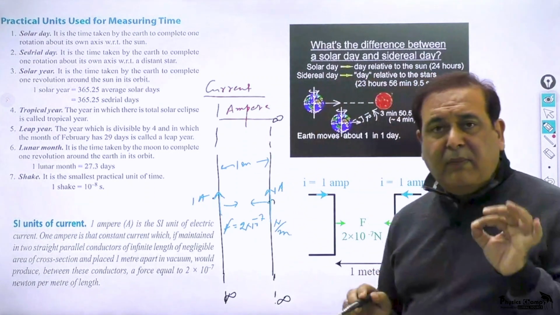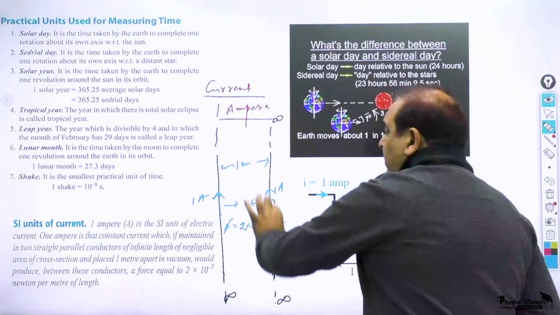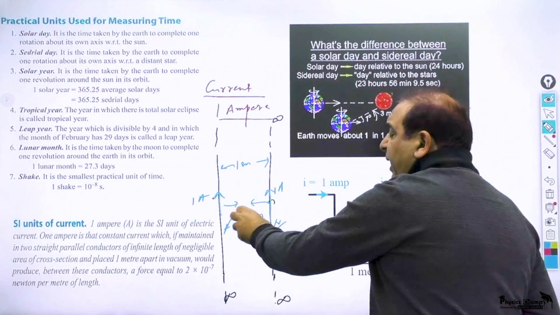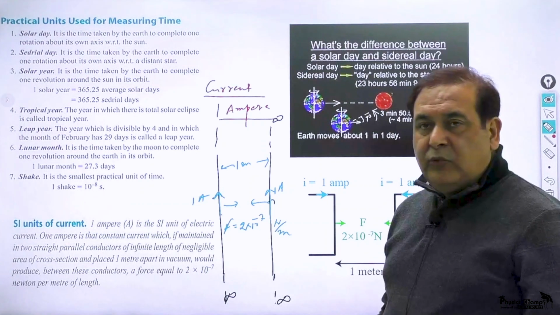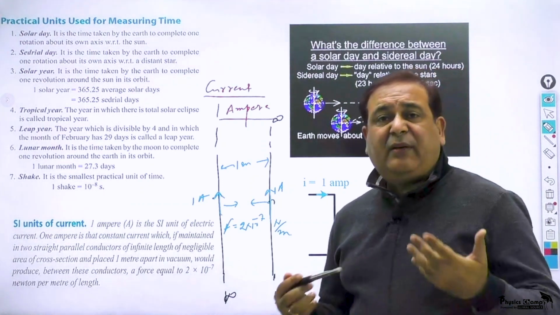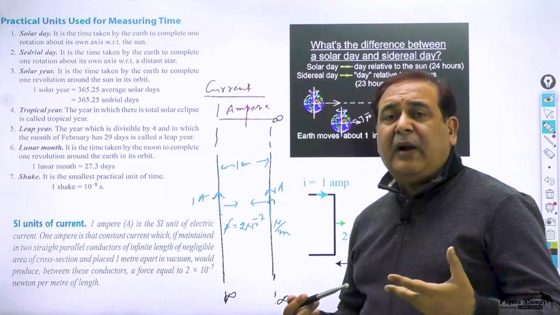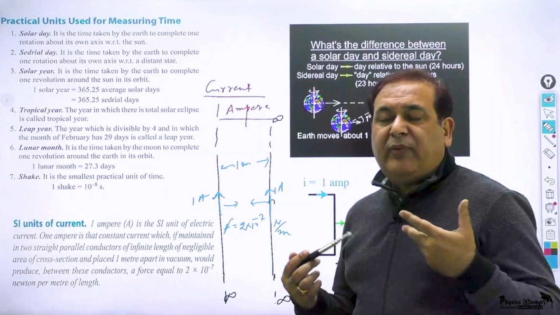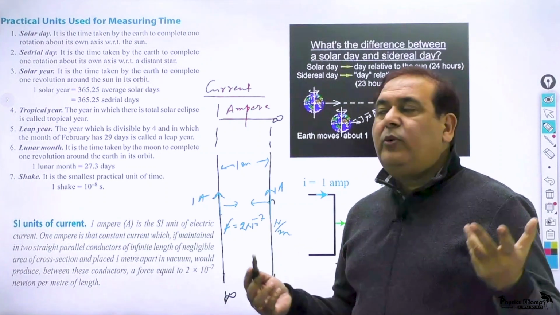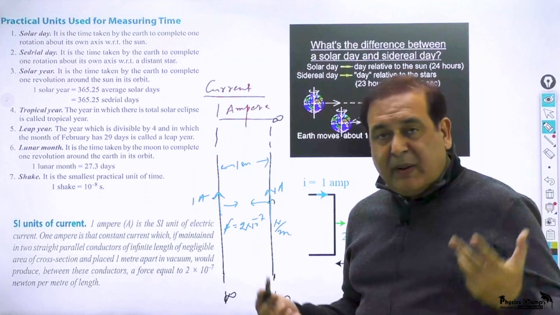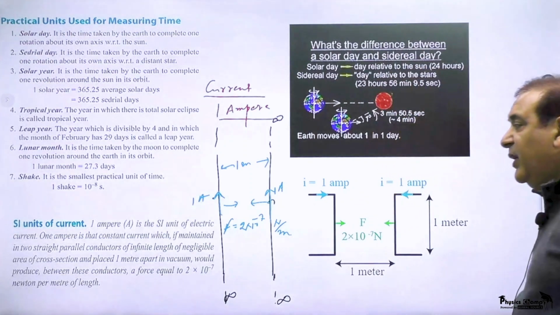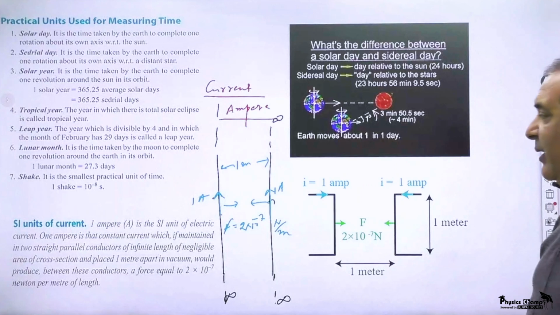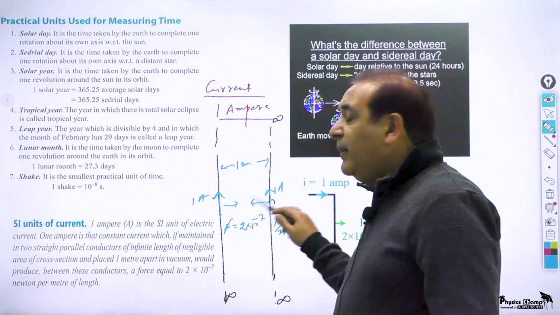So for every meter length of these two wires, there will be a force of 2 into 10 to the minus 7 Newton per meter. We can define 1 ampere as that current which when flowing in two parallel wires produces a force of attraction or repulsion of 2 into 10 to the minus 7 Newton per meter length of each wire. That's how the standard definition of current is given, when they are kept in vacuum.